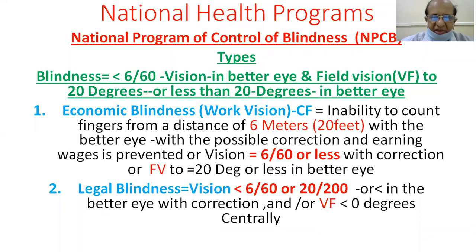That means 20 feet and 200 feet, 6 meters and 60 meters, or less in the better eye with correction, and visual field less than 10 degrees centrally. So here in legal blindness, visual field is less than 10 degrees. In economic blindness, field vision is 20 degrees or less, but it is not 0 like legal blindness.